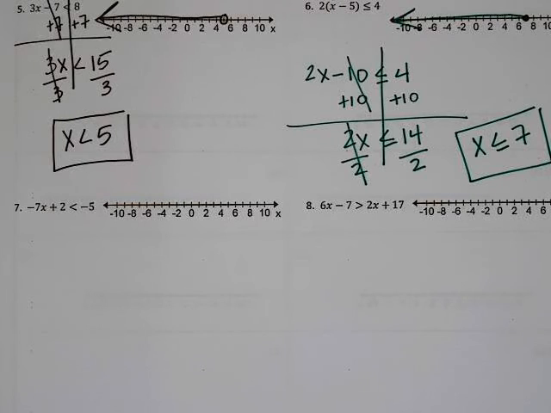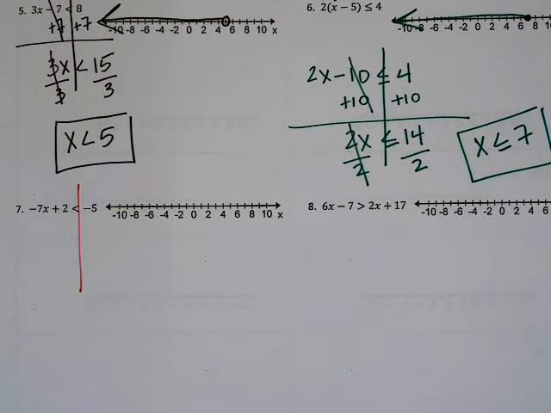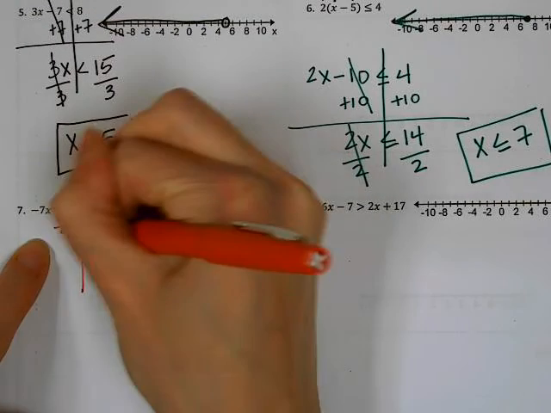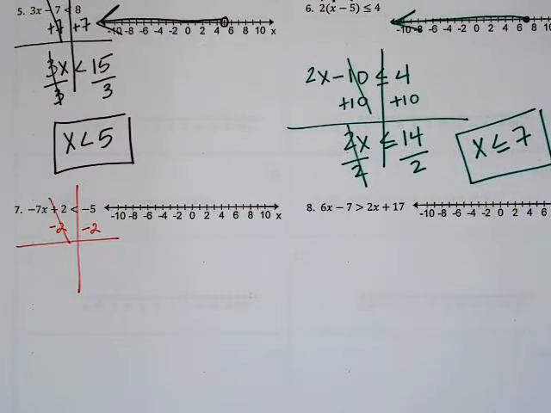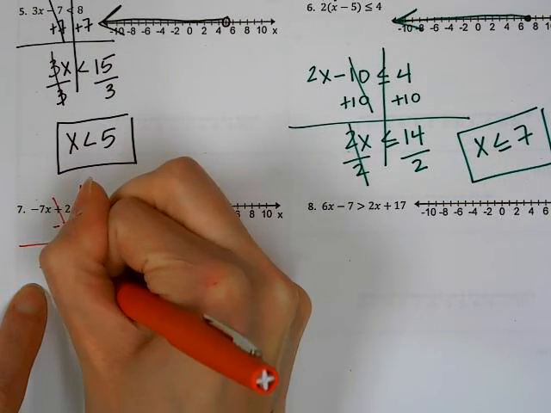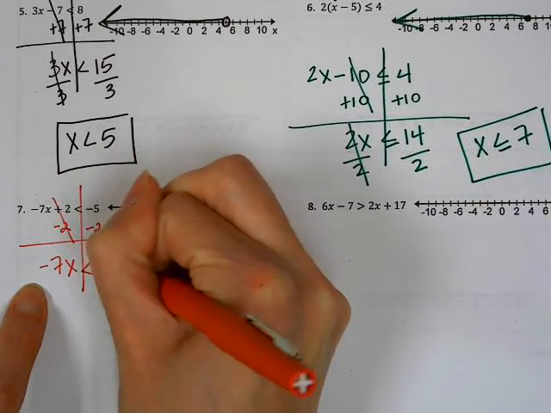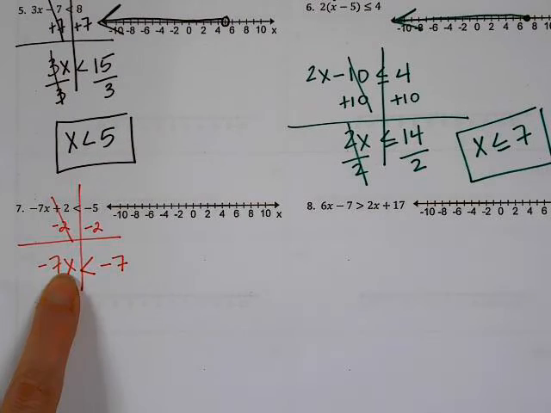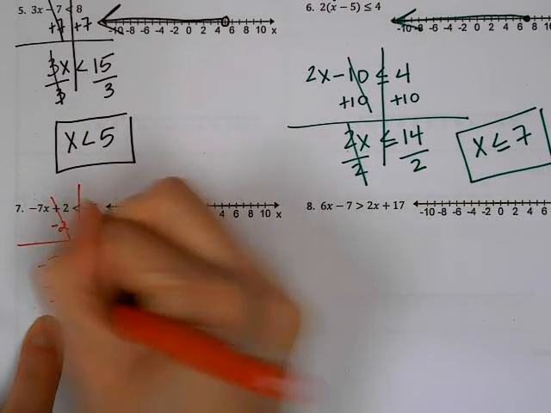All right, number 7. Draw the wall. To undo plus 2, we subtract 2. And they cancel. And then we have negative 7x is less than negative 7. And then to undo multiplying by negative 7, we divide by negative 7.